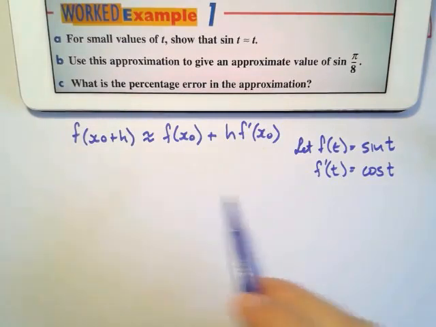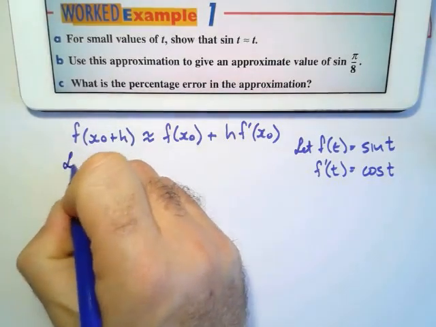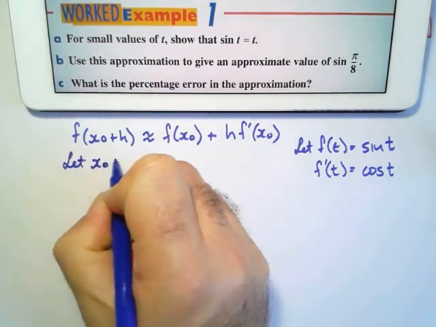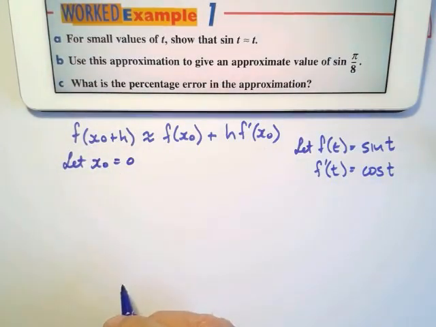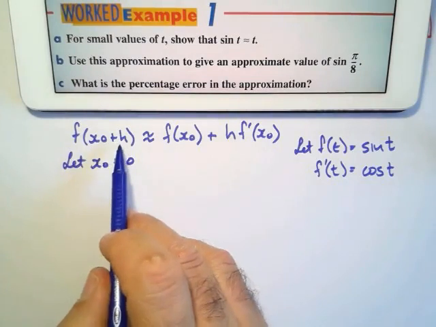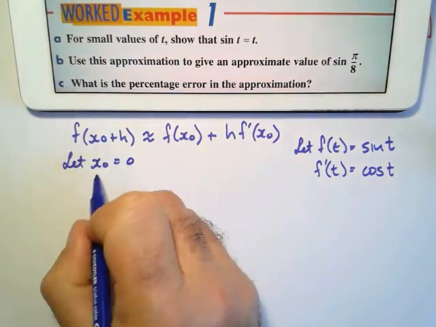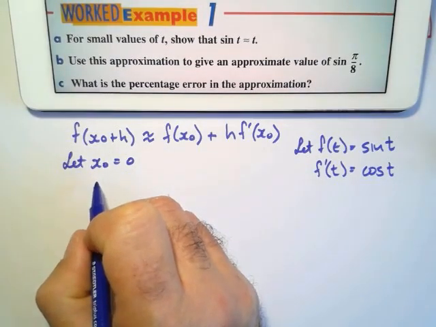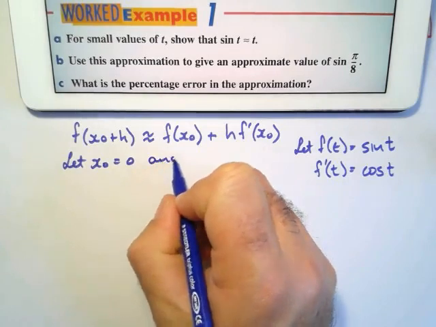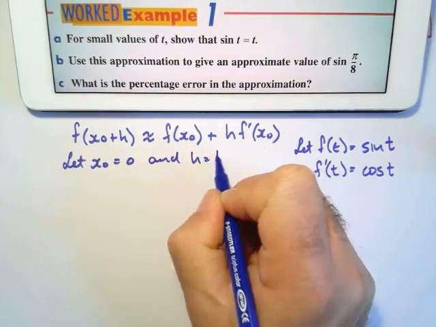So let x0 be 0. And remember, h is a very small number. They say a small value of t, so let h equal t.